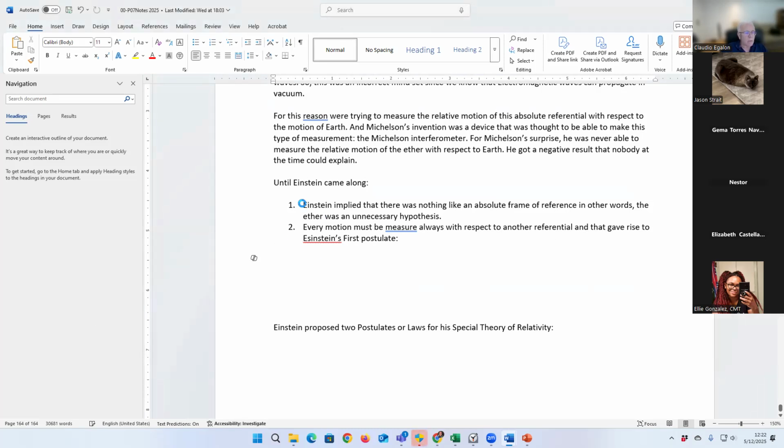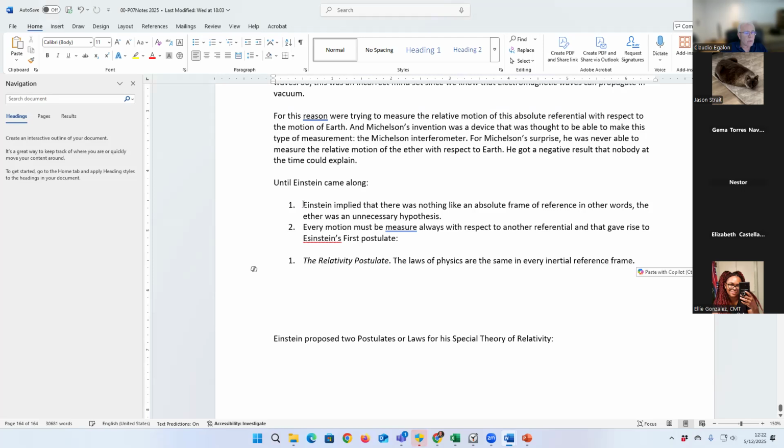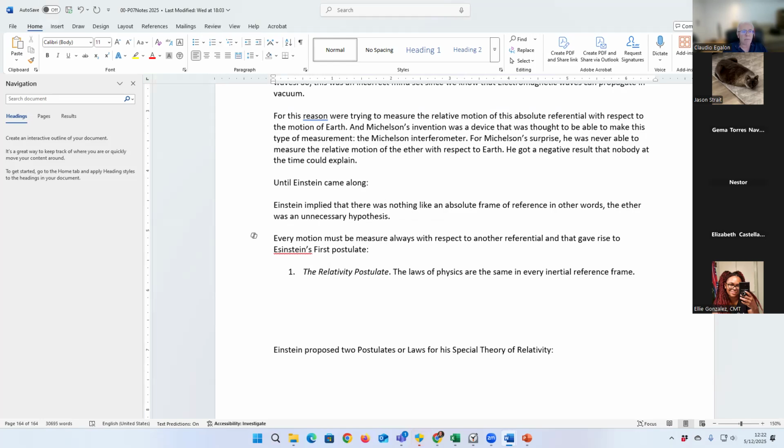Einstein implied that there was nothing like an absolute frame of reference. In other words, the ether was an unnecessary hypothesis. Every motion must be measured always with respect to another referential instead of this absolute ethereal referential.